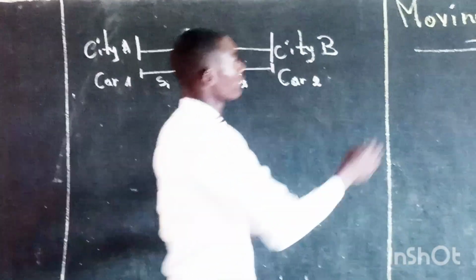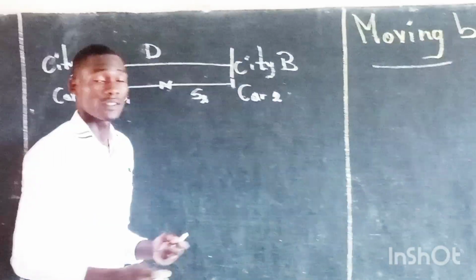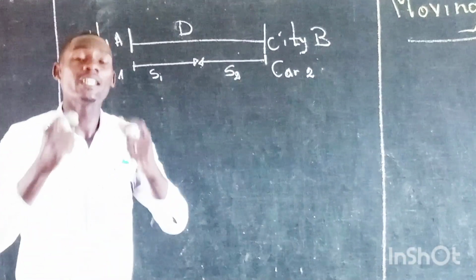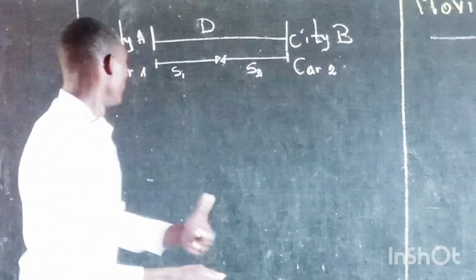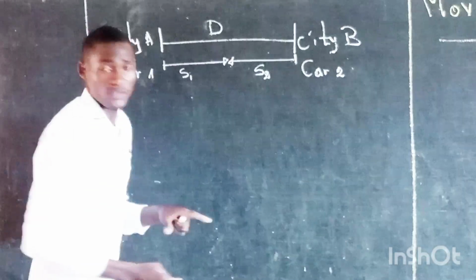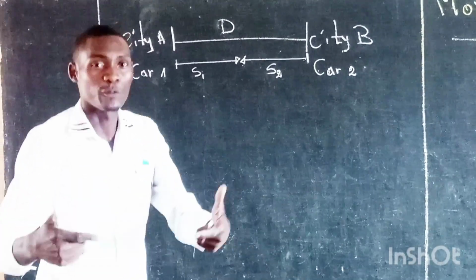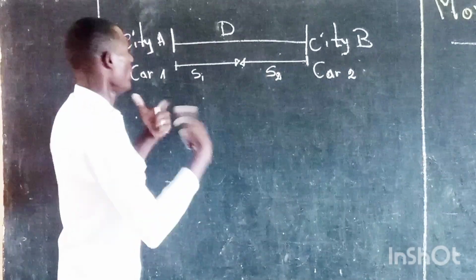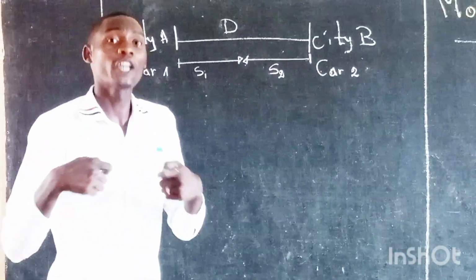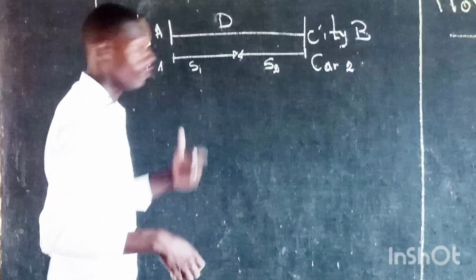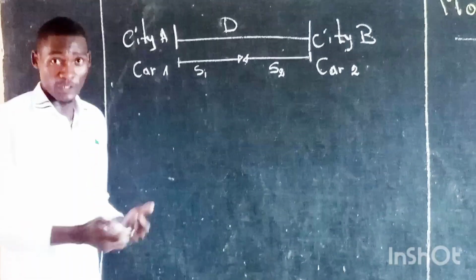Another thing that we have to know in this content is the time that these two cars started their journey. There is a time that these two cars are going to start to move. Maybe, let us have an example.